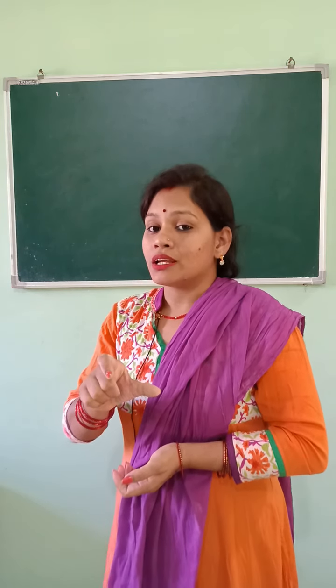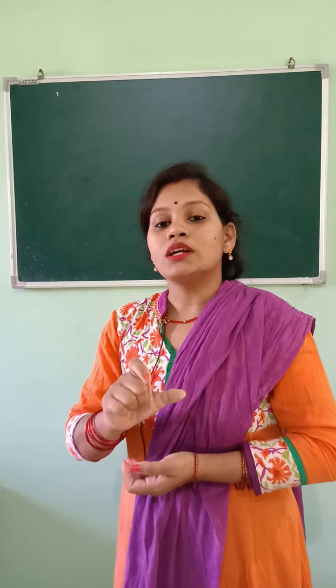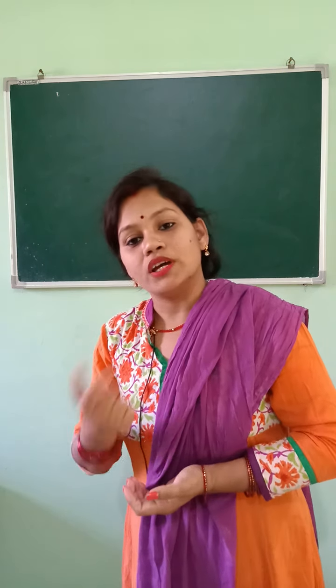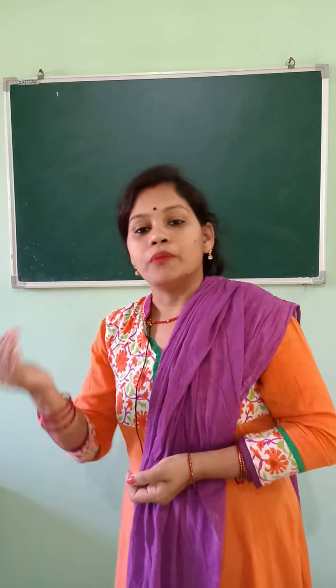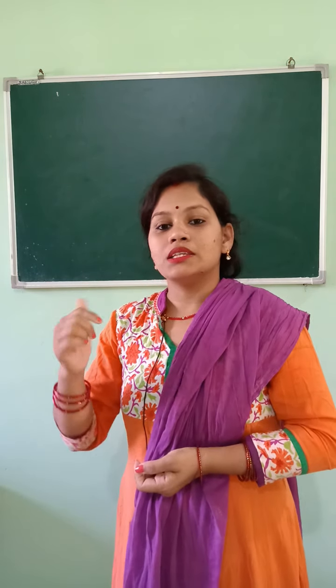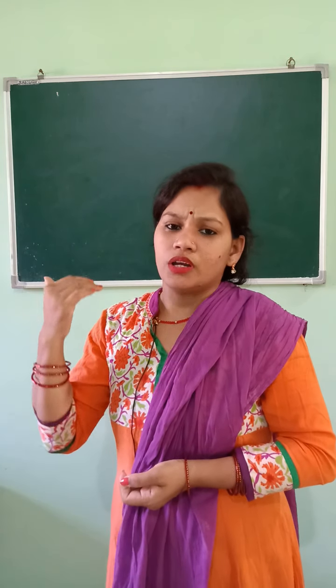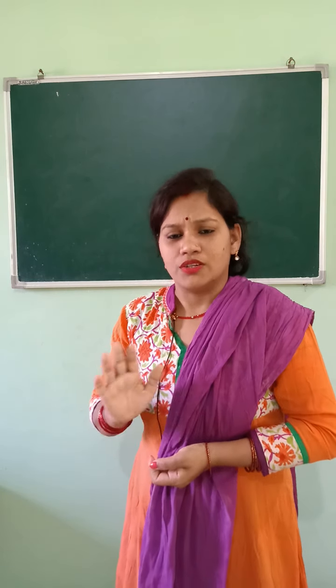These temporary teeth then get replaced by the permanent teeth. How many sets of permanent teeth are we having? 32. So milk teeth is the temporary teeth and permanent teeth is 32, which appears by the age of 26-27 years, I should say.